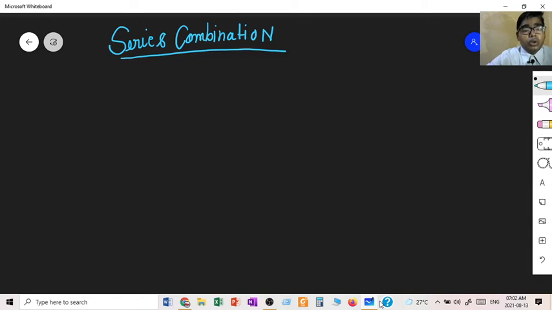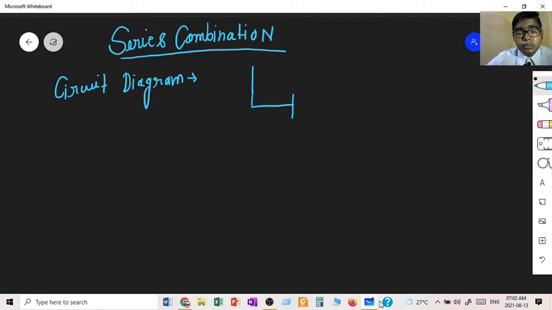So first of all, what is the circuit of series combination? Let us start with the circuit diagram. Simply suppose that this is a battery and this is voltage V. Current is emitting from the positive side.